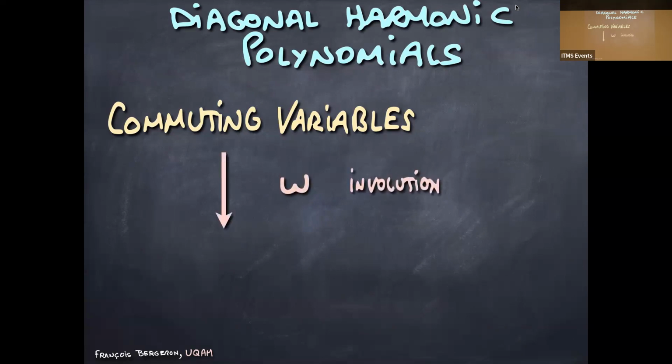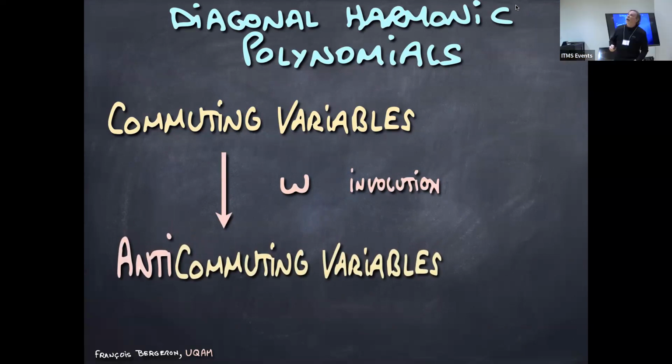But now if you apply omega to your understanding of the Frobenius or Hilbert series of these spaces, written down the way I was using, then you get something very interesting, because you get what's happening for anti-commuting variables, where if you want to commute xy to get yx, you get a minus sign: anti-commuting.